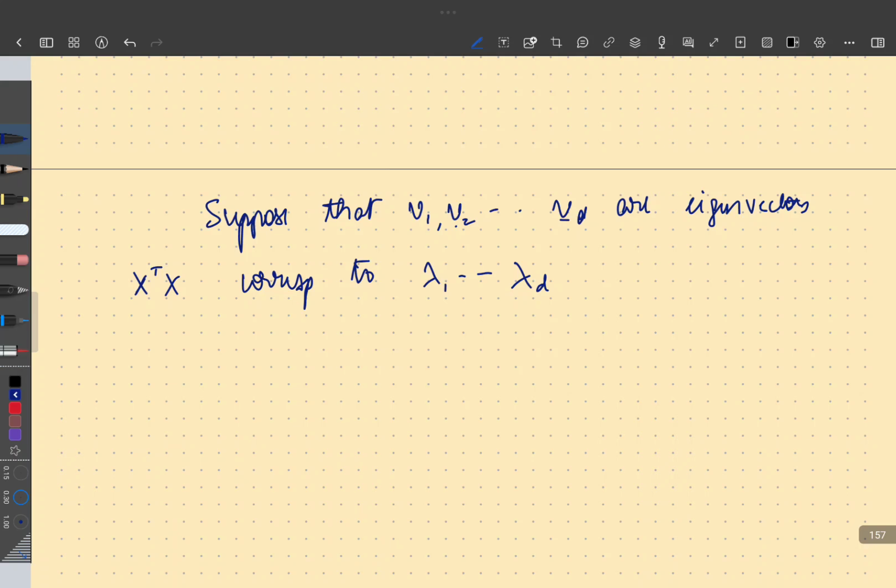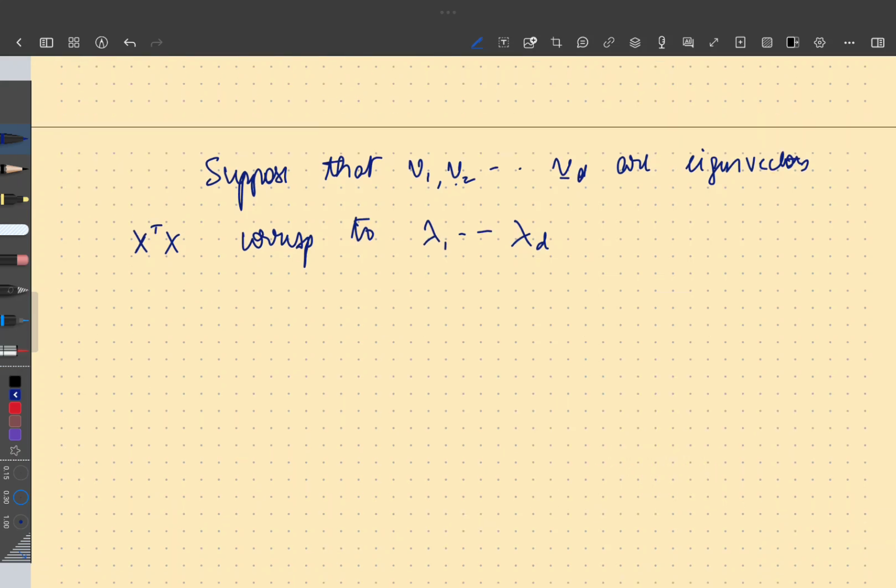Now one thing to note is that X transpose X and X X transpose both have the same set of non-zero eigenvalues. In fact, they have the same set of eigenvalues up to multiplicity, because the dimensionality can be different. One of them is going to have a lot of zero eigenvalues.